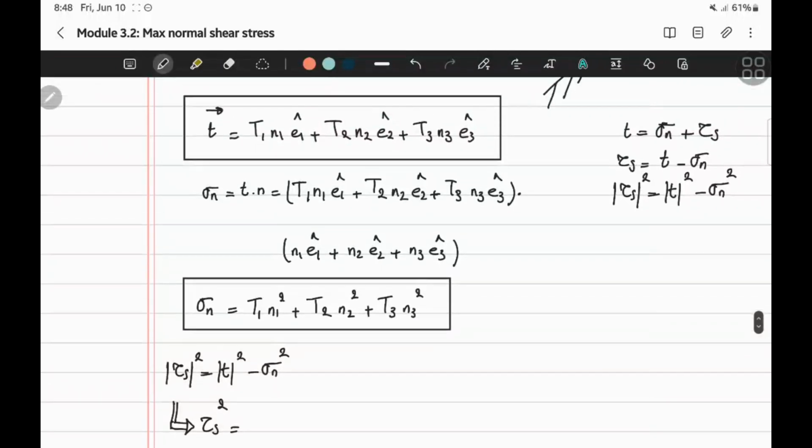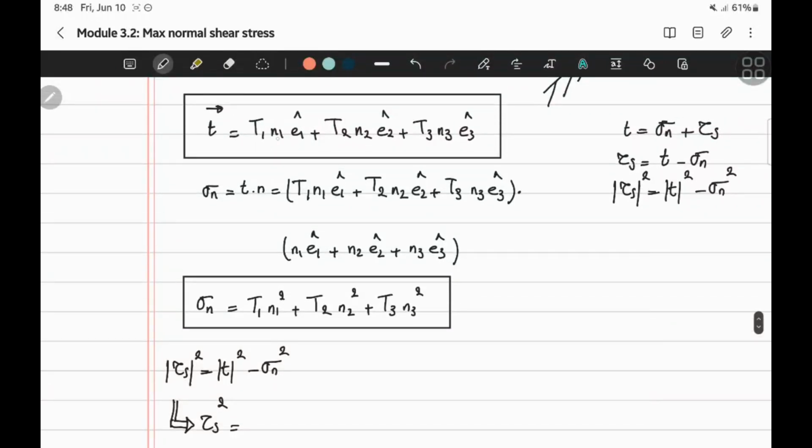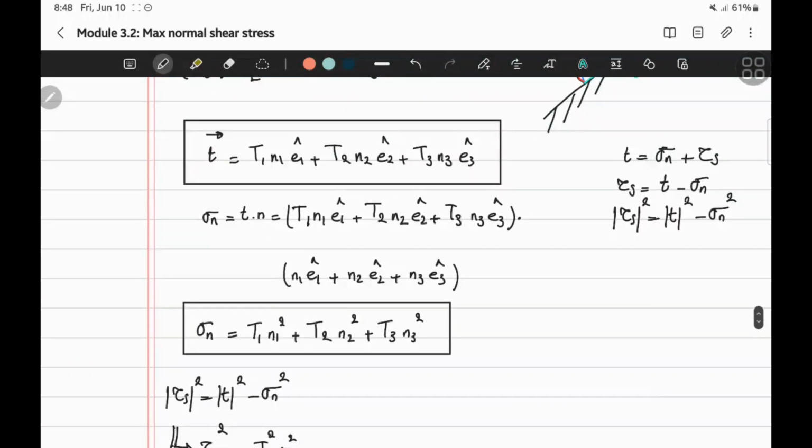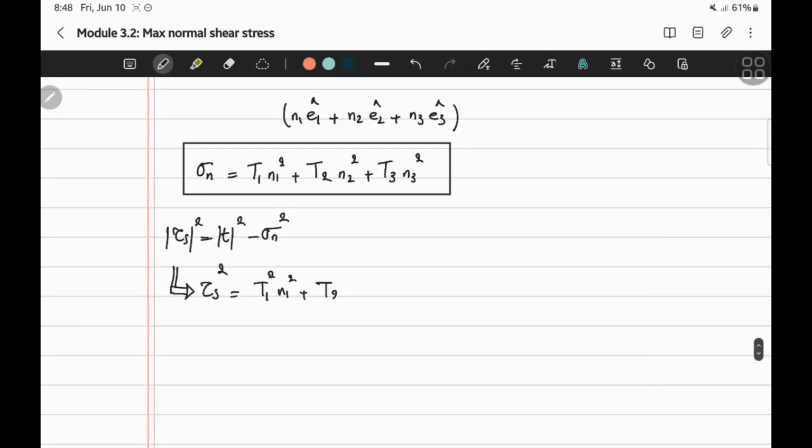So it becomes T1 squared N1 squared plus T2 squared N2 squared plus T3 squared N3 squared minus this whole squared: T1 N1 squared plus T2 N2 squared plus T3 N3 squared.